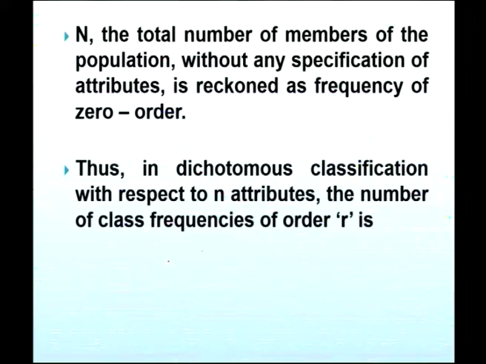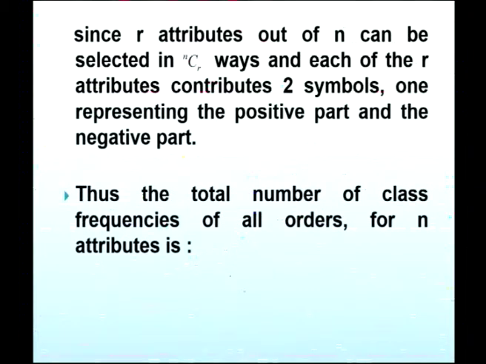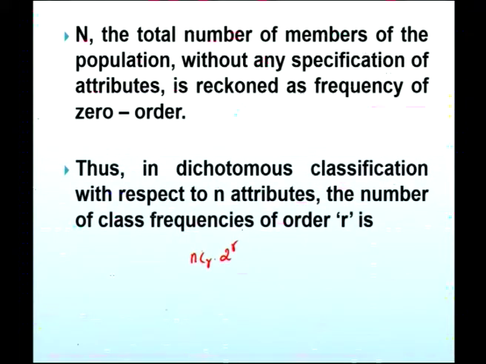Thus, in dichotomous classification with respect to n attributes, the number of class frequencies of order r is nCr into 2 power r. How is this nCr into 2 power r? Since r attributes out of n can be selected in nCr ways. There are n attributes, and we are talking about the number of class frequencies of order r.